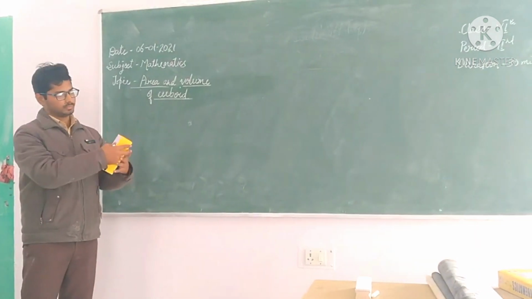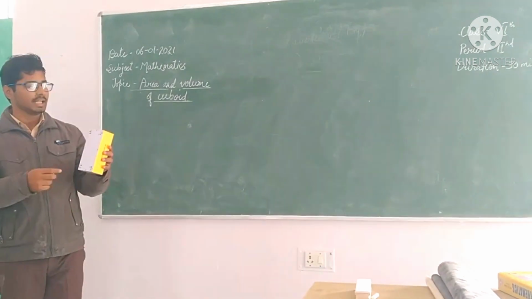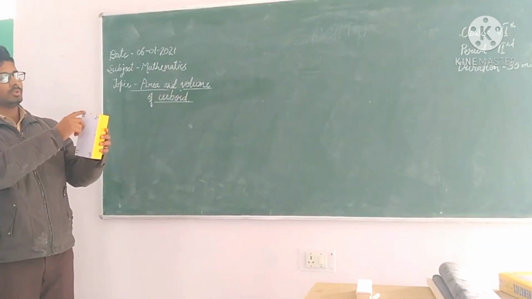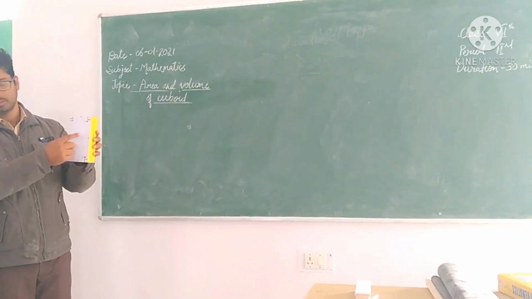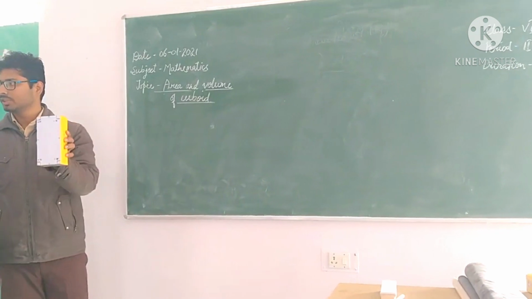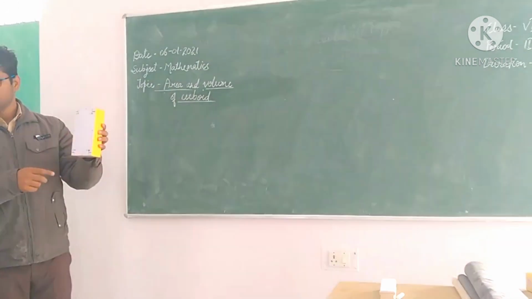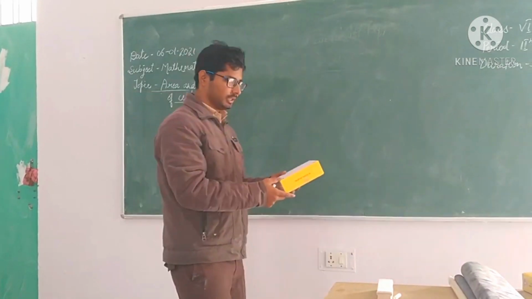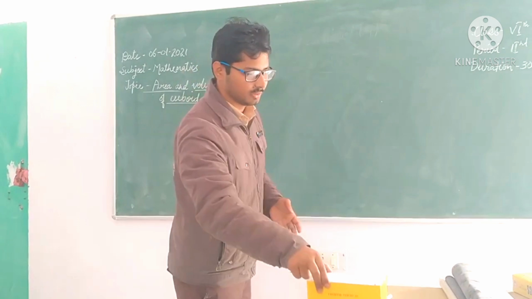We know the properties of a rectangle: the edges of a rectangle meet each other at 90 degrees and the opposite sides of a rectangle are equal. You can all see that. And these also are equal, the opposite sides are equal.